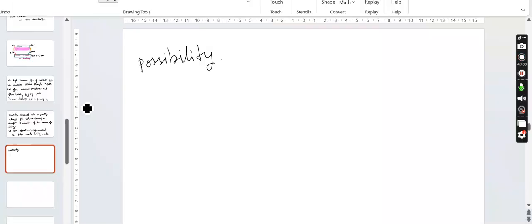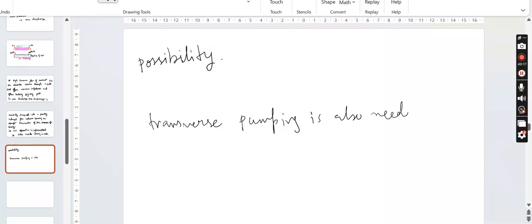And for this also we need transverse pumping. To avoid those things, we need to avoid arc discharge. Transverse pumping is also needed at high pressure. And this is known as transverse electric atmosphere.